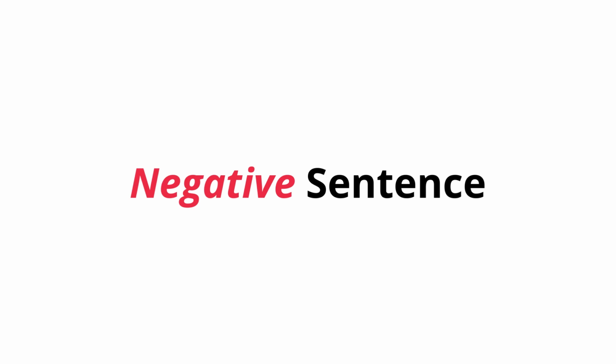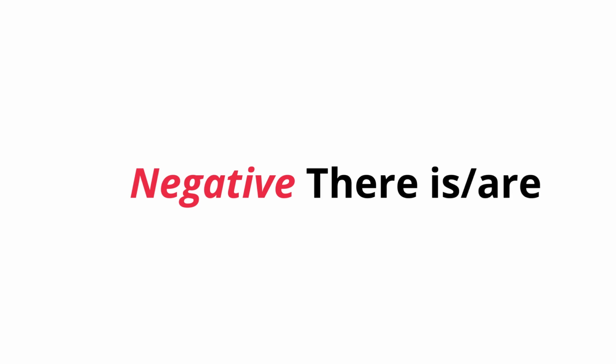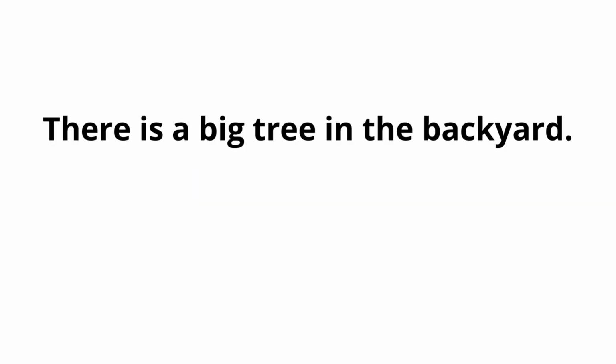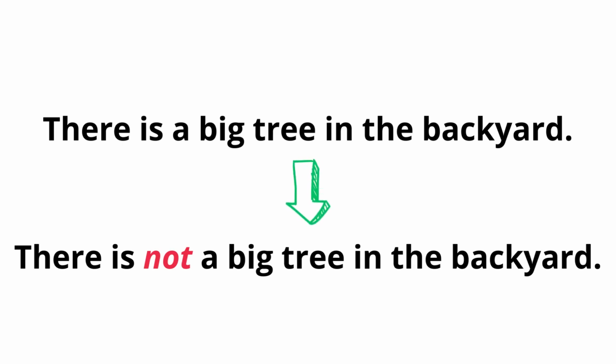Negative sentence. To make a negative sentence from there is or there are is actually very easy. You can see in the picture that we just add not after the words there is or there are, and then follow it with the noun. For example, there is a big tree in the backyard. The negative is there is not a big tree in the backyard.